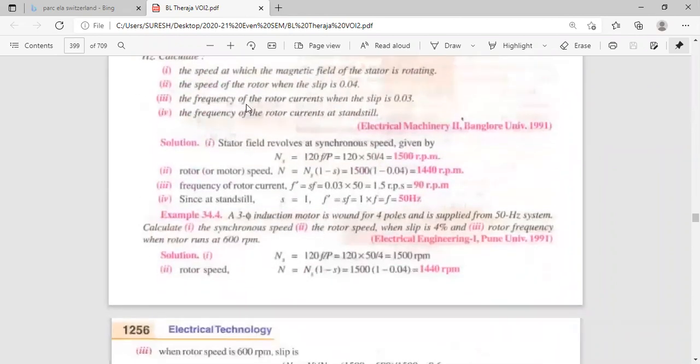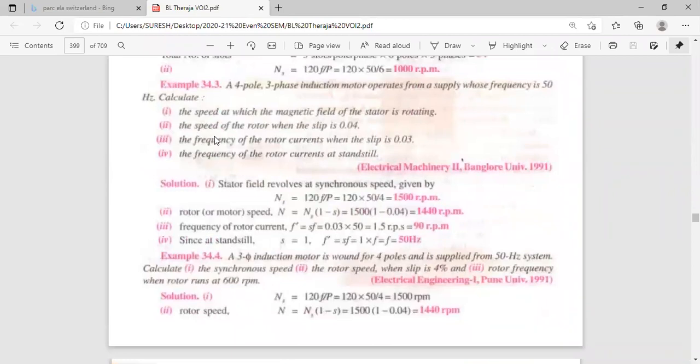See here. Second bit he is asking: speed of the rotor N when slip is 0.04. So s is 0.04. Ns we have calculated, 1500 rpm. N is equal to Ns into 1 minus s. Ns is the speed of the stator.